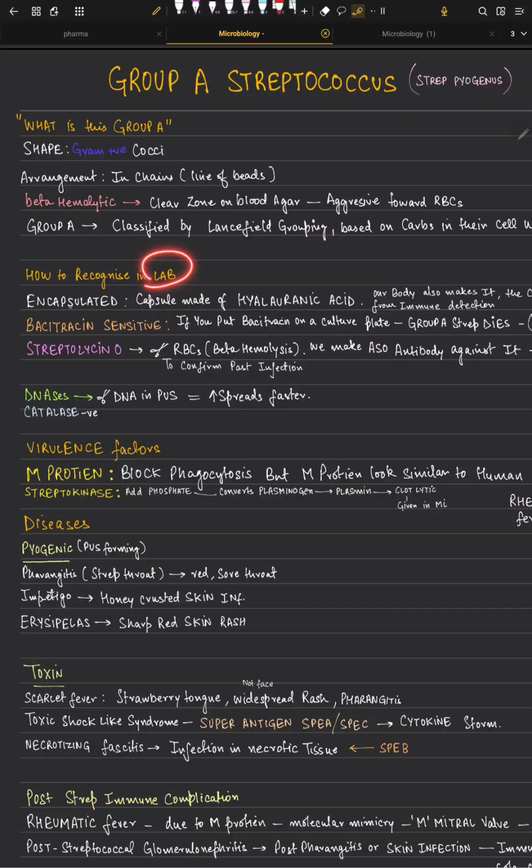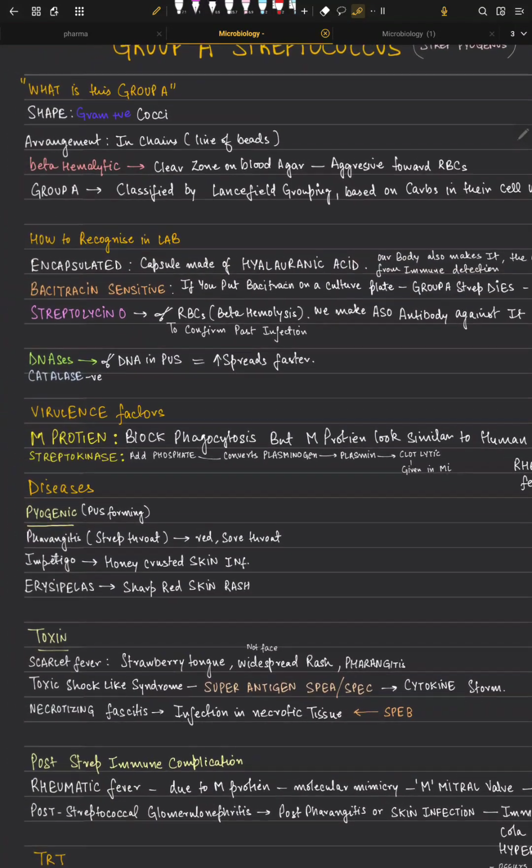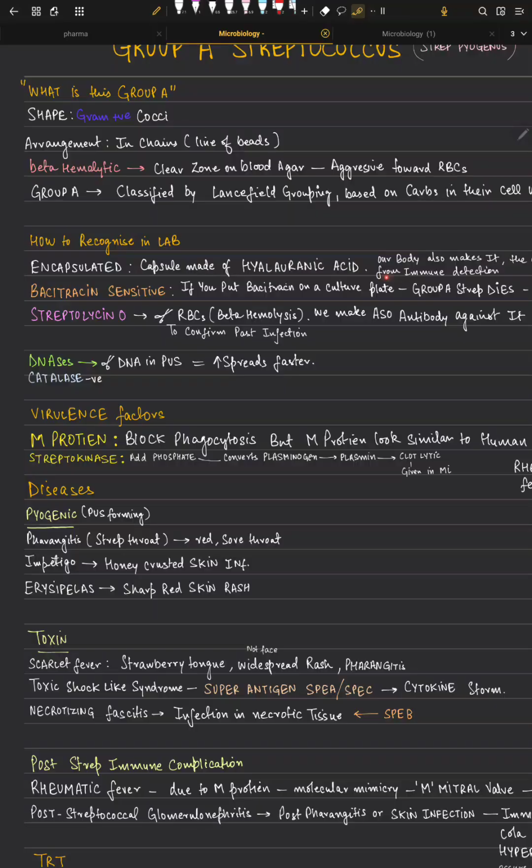How to recognize it in the lab? They are highly encapsulated. It means they have a capsule made up of hyaluronic acid. Our body also makes hyaluronic acid, so that's how they can hide from our immune system. They are bacitracin sensitive.